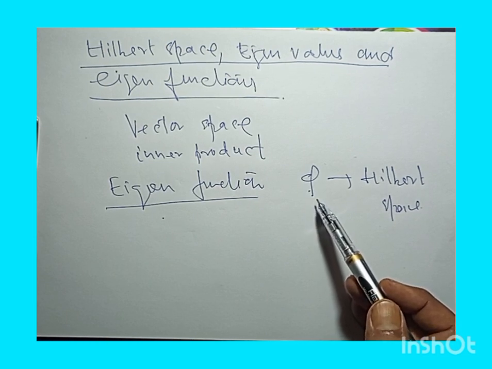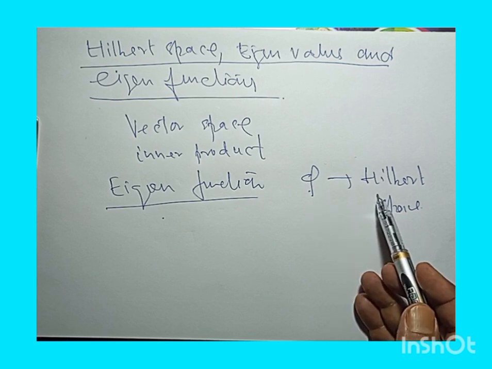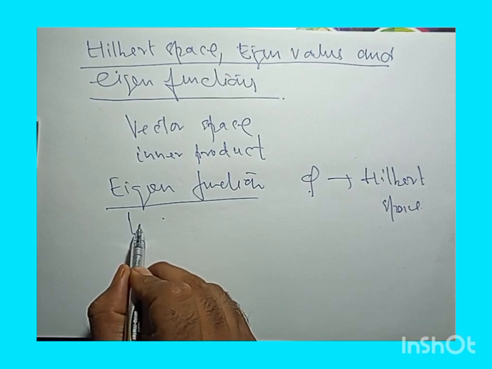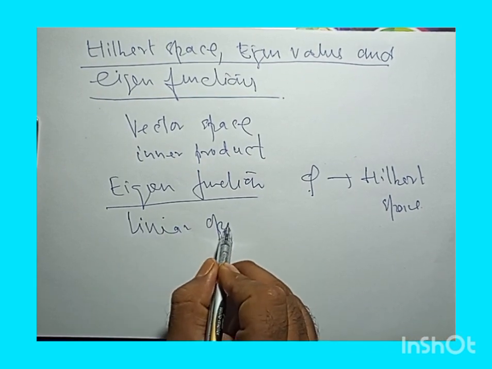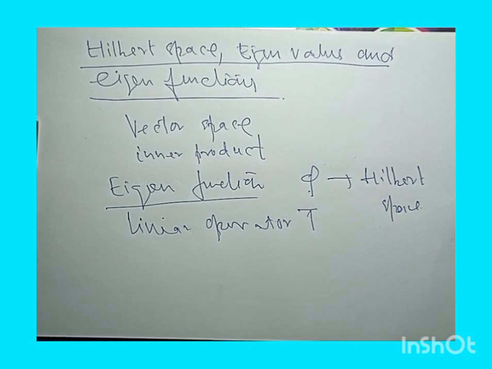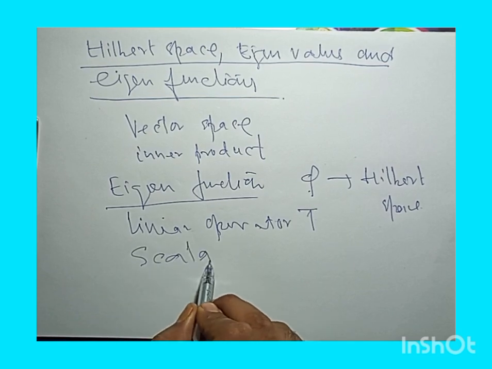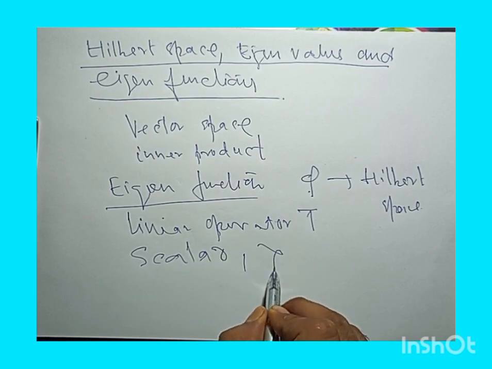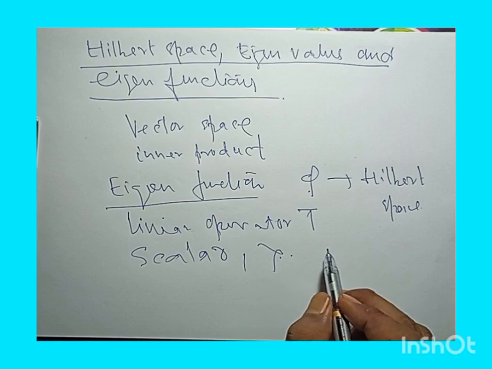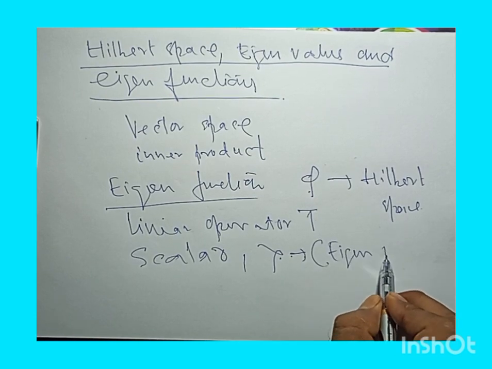This non-zero vector phi is called an eigenfunction of the linear operator, let's choose the linear operator T, if there exists a scalar, assuming that scalar to be lambda. This lambda is what we call the eigenvalue.